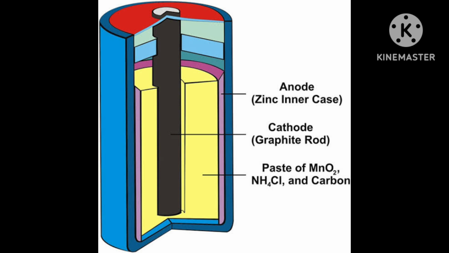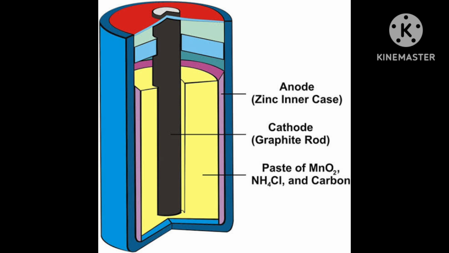In primary batteries, the reaction occurs only once, and after use over a period of time, the battery becomes dead and cannot be reused again. The most familiar or common example of this type of battery is the Leclanche cell, what you are telling the dry cell.